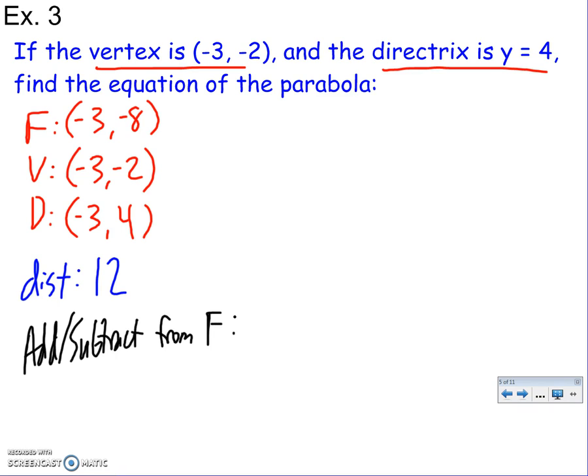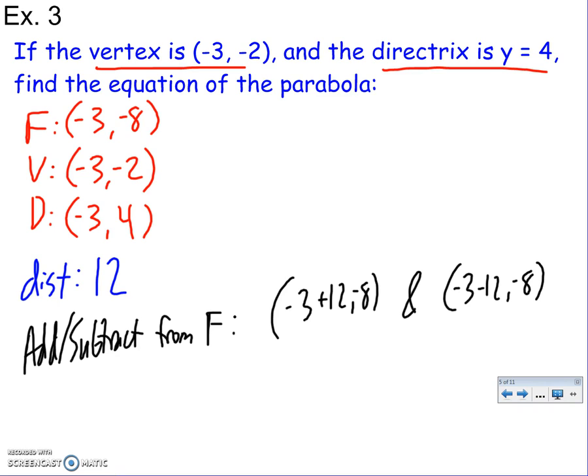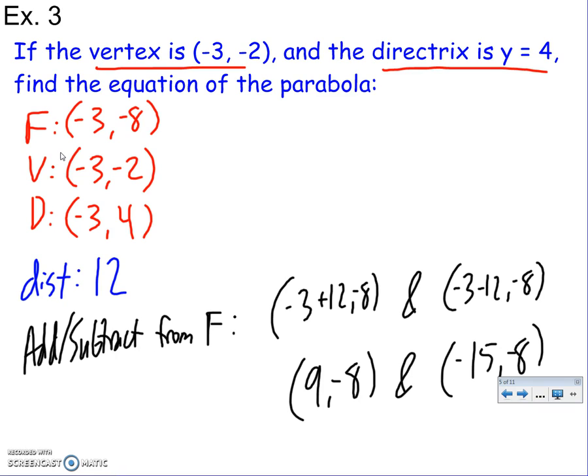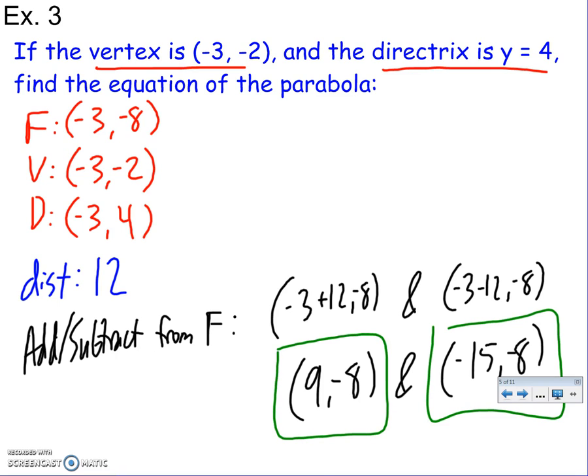So that's -3 plus 12, comma, -8, and -3 minus 12, comma, -8. So my final points turn into 9, -8, and -15, -8. I'm going to use those 2 points I found with the vertex to find the equation.